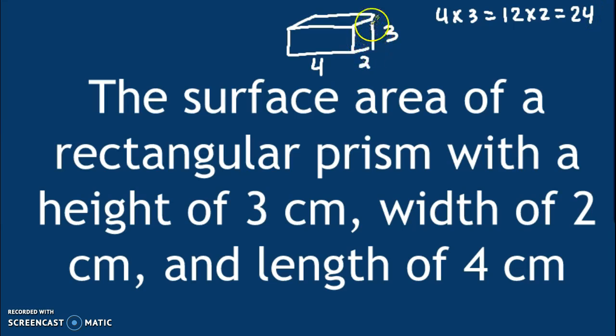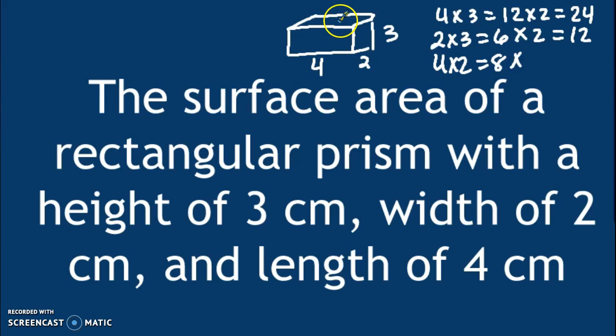The side is 2 times 3. And I have that on the right and the left. And the bottom is 4 times 2. And I have that on the bottom and the top. So now I add these 3 together. 24 plus 12 plus 16 is 52 centimeters squared.